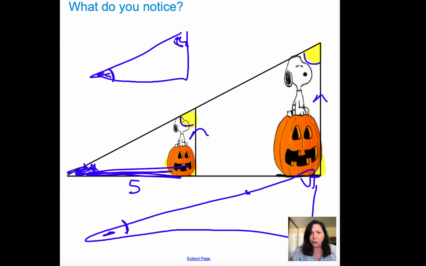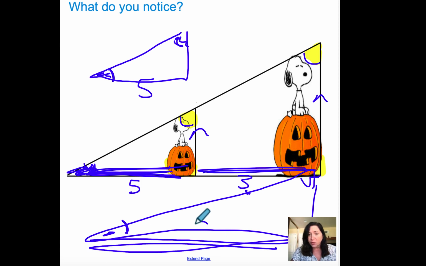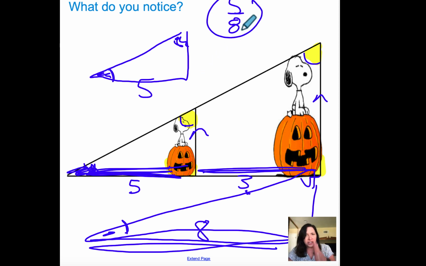Let's make that 3. Because I would say the little side is 5, and let's say this bottom part is 3, but that means that the whole length would be 8. So I could say 5 is to 8. And what that does is give me my scale factor, meaning I can find any other side just based on what I have there as my scale factor.